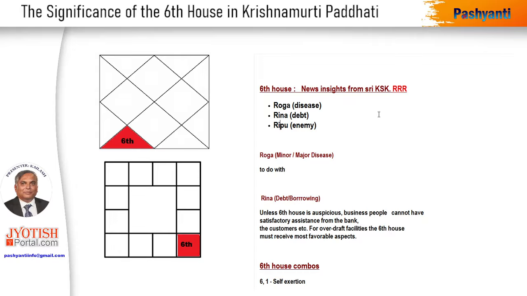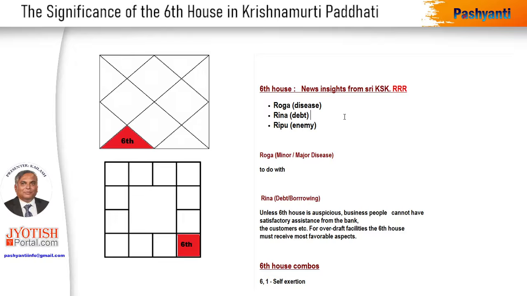We all know that. In the Parashar astrology also, the sixth house is primarily known to represent these three things. And in the Krishnamurti Paddhati also, the sixth house is used to assess these three things in a person's life.